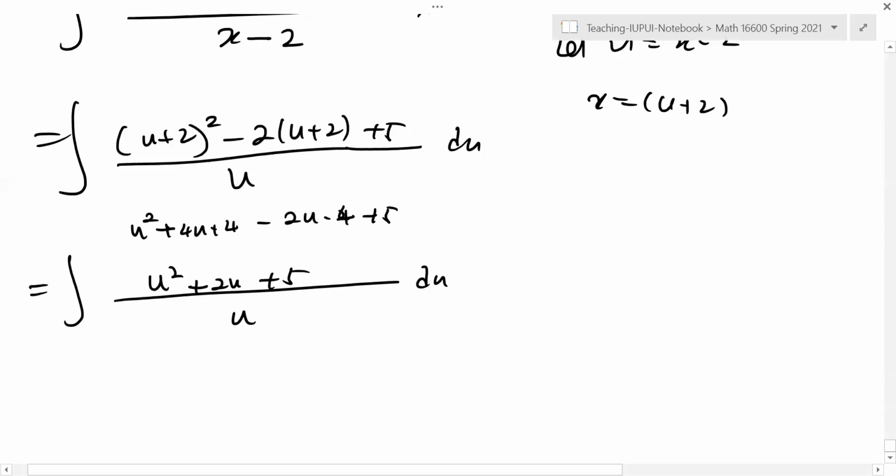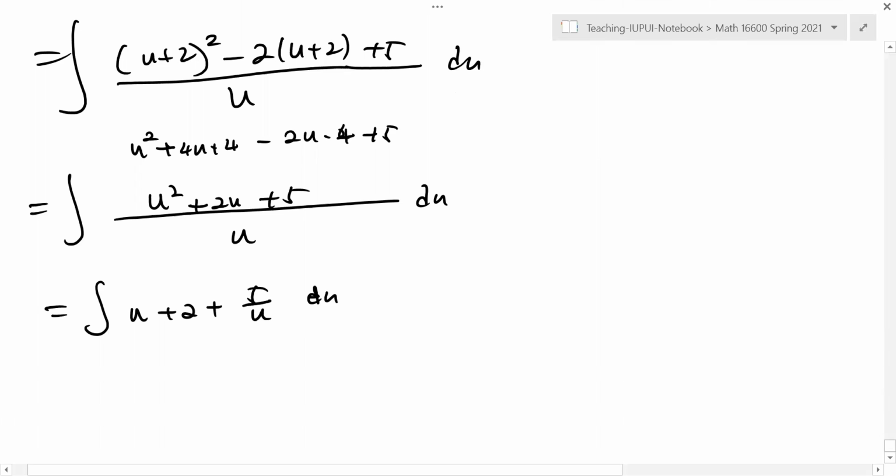Okay. Then you have an antiderivative. Then you have u plus 2 plus 5 over u du. Okay, so the antiderivative of this will be half of u squared plus 2u plus 5 times the natural log of the absolute value of u.